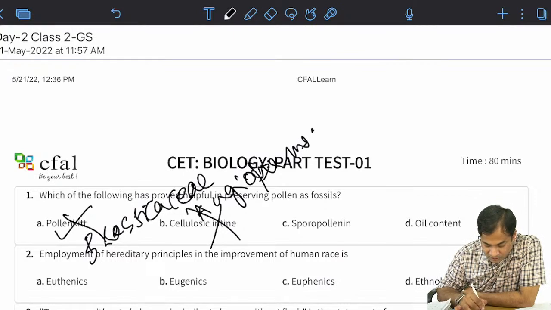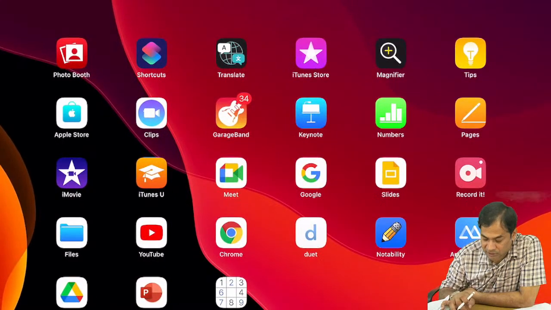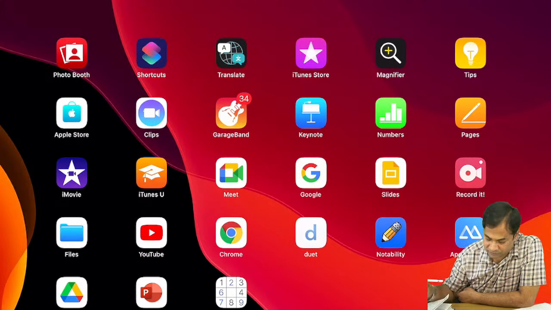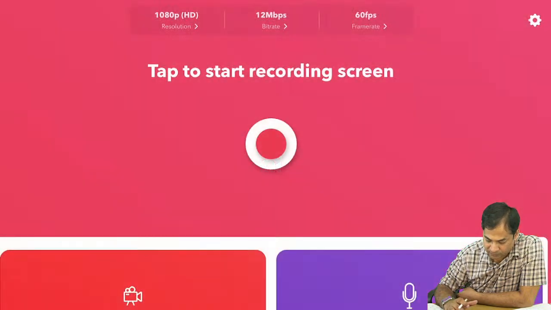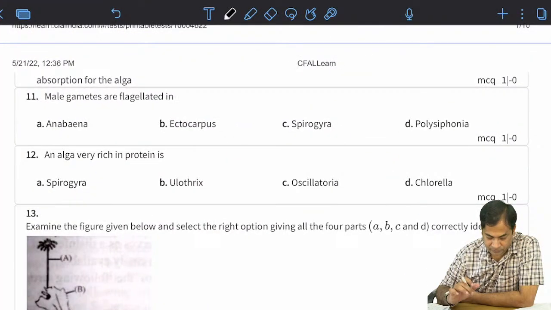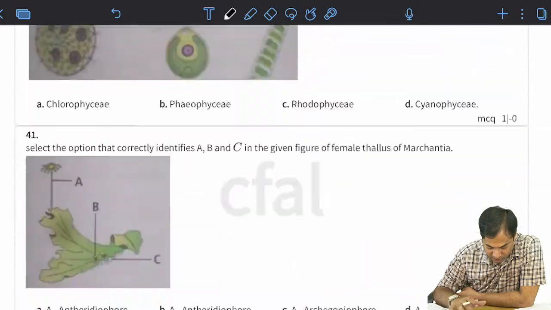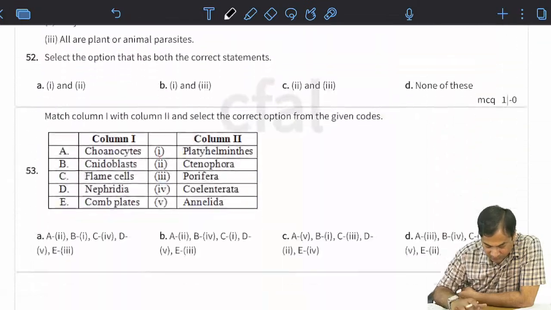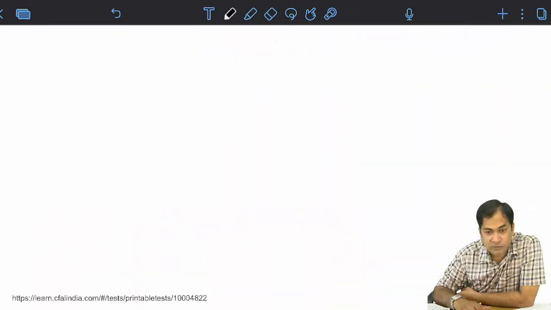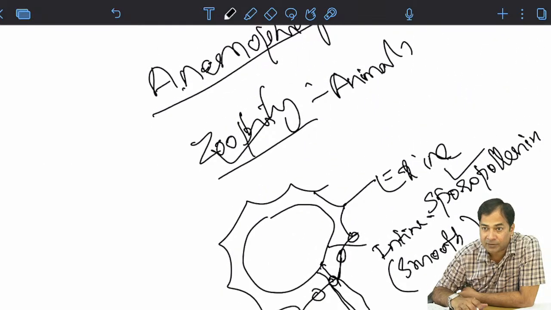So option C, sporopollenin, is correct. If we look at the picture we have seen just now, the pollen grain structure, the outer layer of the pollen grain, exine, is tough material.